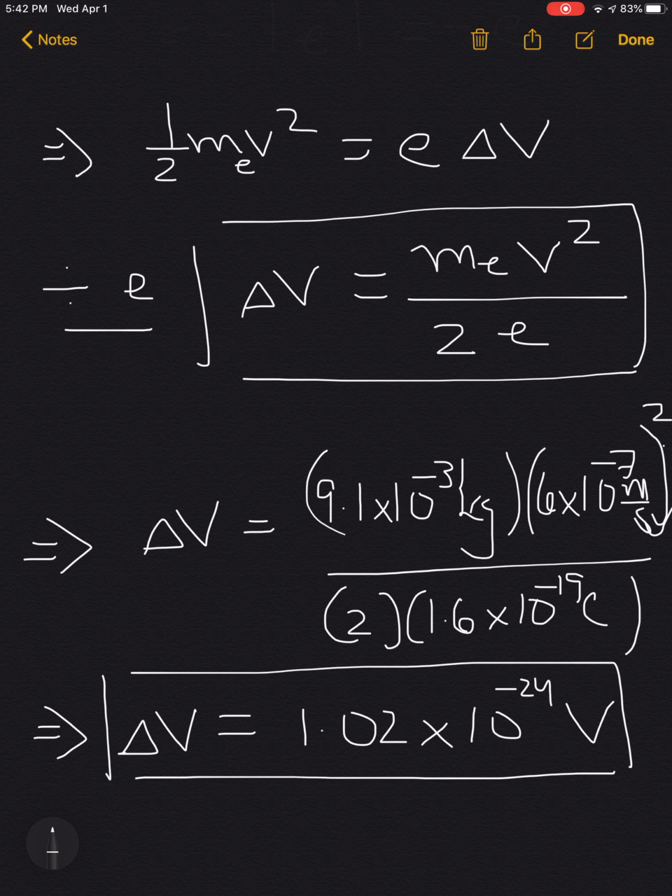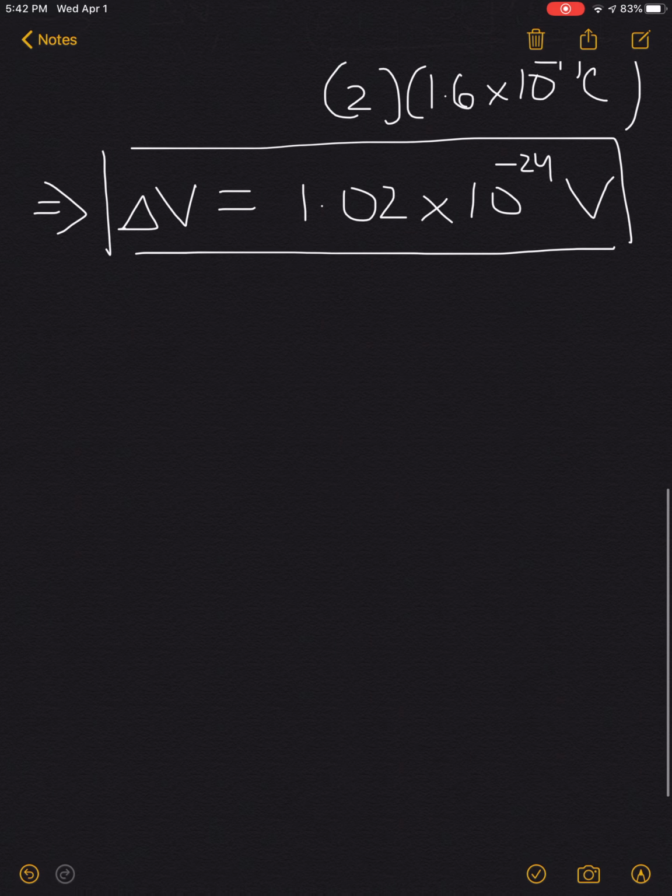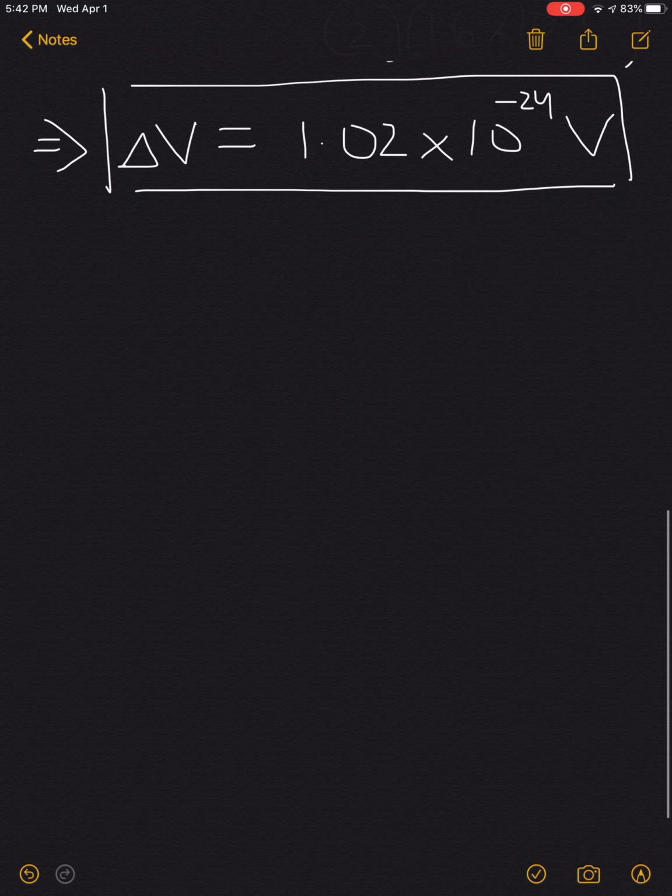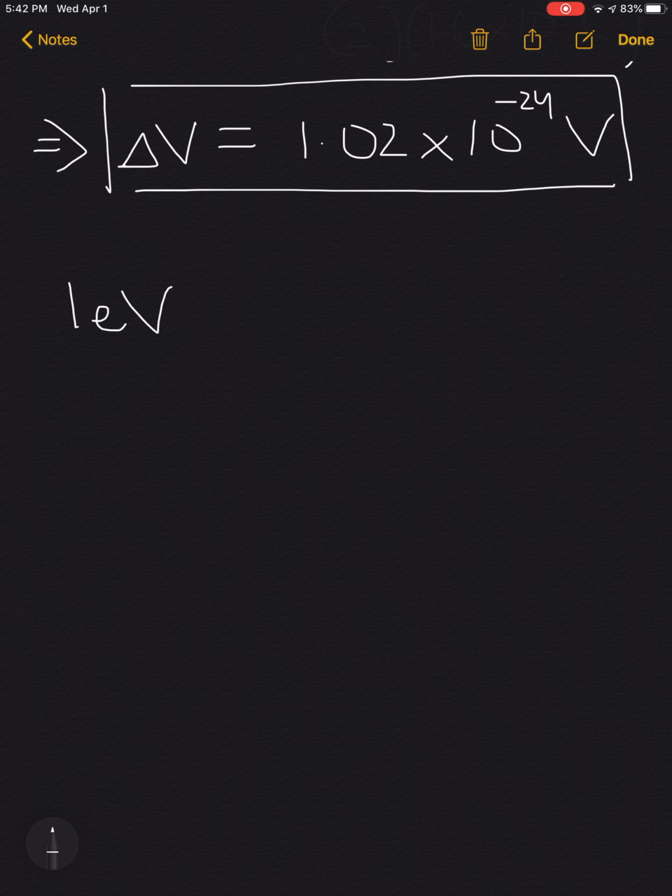This is an alternative version of the same answer that Jesse got. I went this way without going through the notion of an electron volt, just because I think it adds a little bit of diversity. But just for completeness, 1 electron volt is the energy gained by an electron when a 1 volt potential difference is applied.